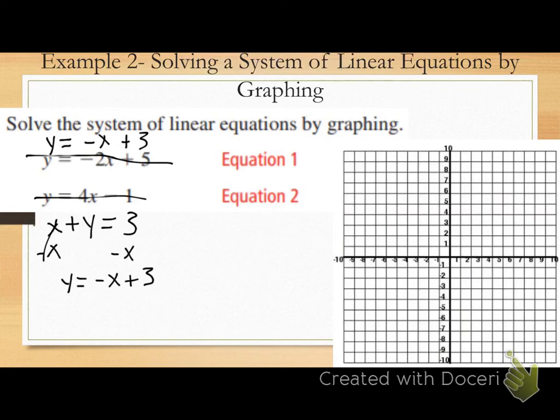Let's graph it real quick. Y-intercept, 3. Slope, down 1, right 1. Or I can go up 1, left 1.